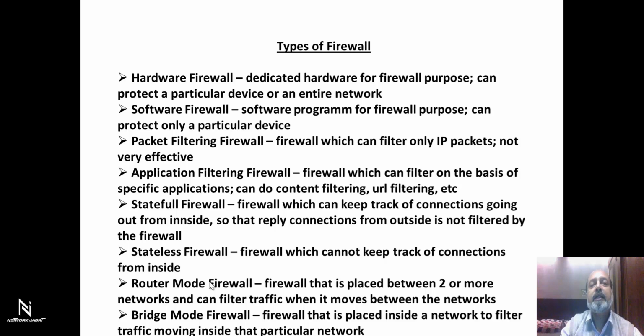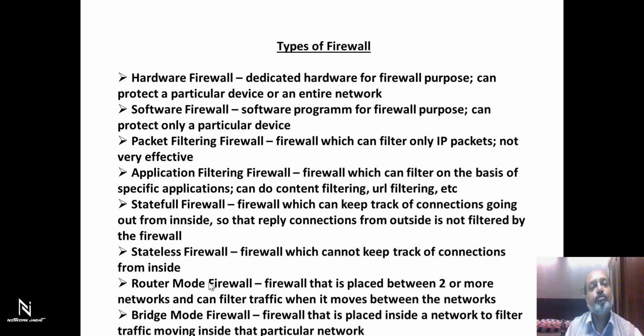Router mode firewall, as it is actually placed at the network perimeter, so it actually protects the entire network, and it works as the default gateway or the router for that particular network, right? And whenever we think about firewall devices, by default it comes into our mind that this particular firewall device is working as a router mode firewall because it is situated at the network perimeter, and it is working as the default gateway for this network, and it is also the routing device for the different hosts which are connected to the network.